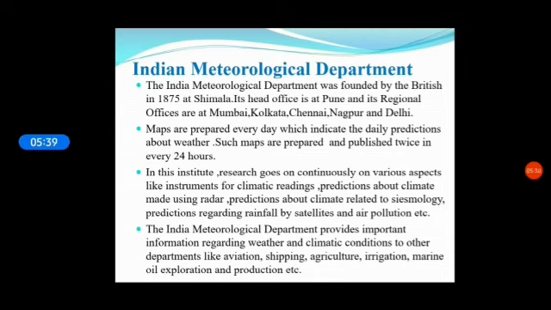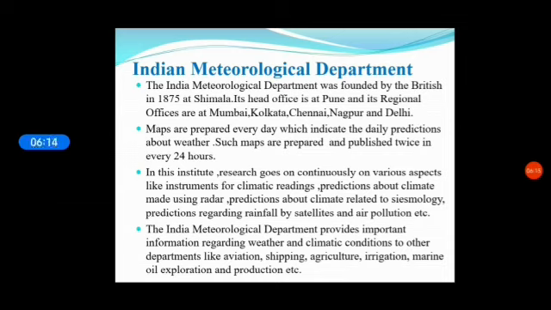It involves the work of preparing and publishing maps twice in every 24 hours. Also, in this institute, research goes on continuously on various aspects like the instruments used for taking climatic readings, predictions about climate made using radar, predictions about climate related to seismology, and predictions regarding rainfall by satellites and air pollution, etc.